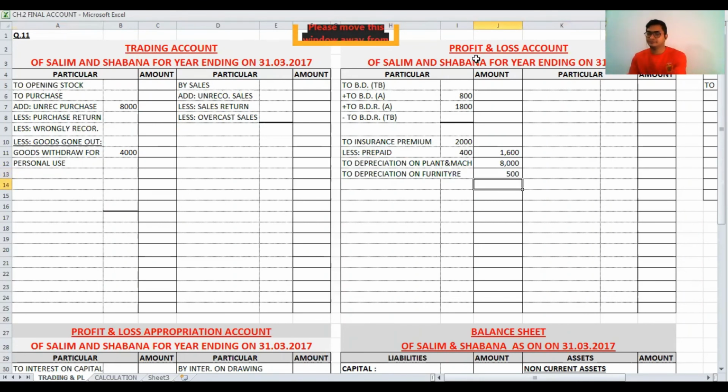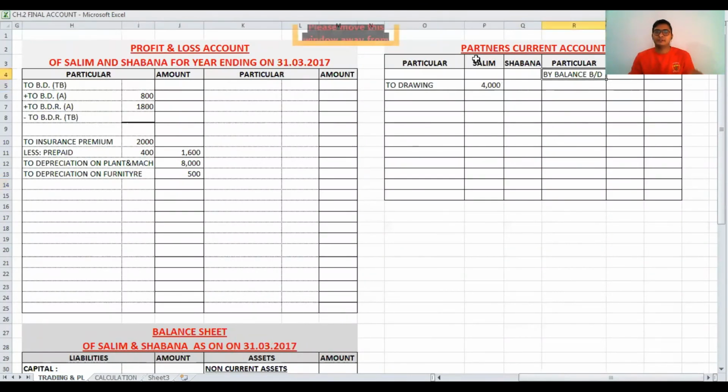Then after all the adjustments that we have completed, now we are starting a trial balance. In trial balance, first of all, capital balance given. If we have prepared current account in the question, if in question current account balance given, then we have to prepare current account.